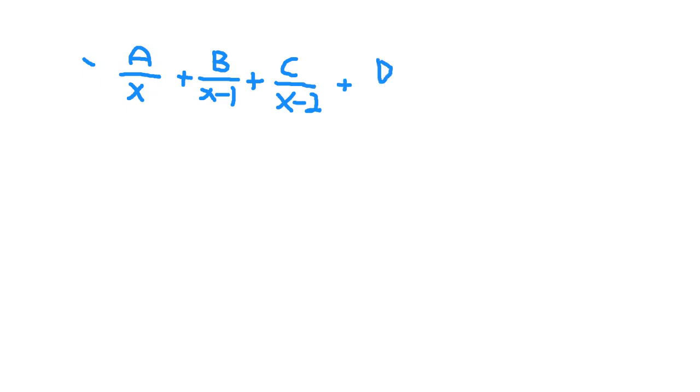So I had a over x, which was the first part of the denominator, plus b over x minus 1, plus c over x minus 2, and lastly plus d over x minus 3.